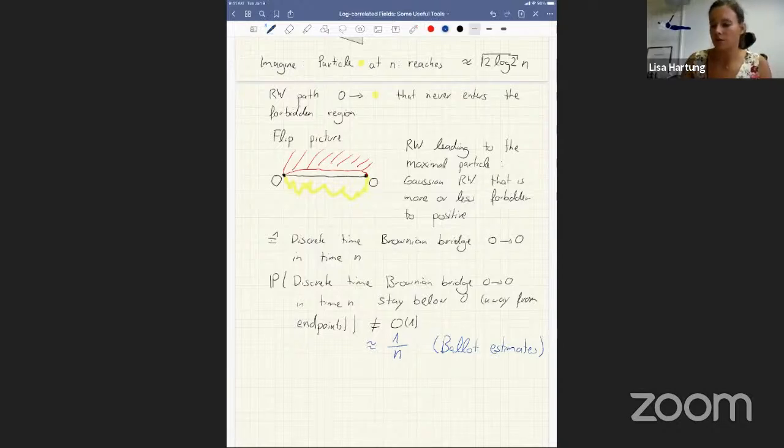But now let us try to put this back. So let us try to combine this with our upper bound from yesterday.